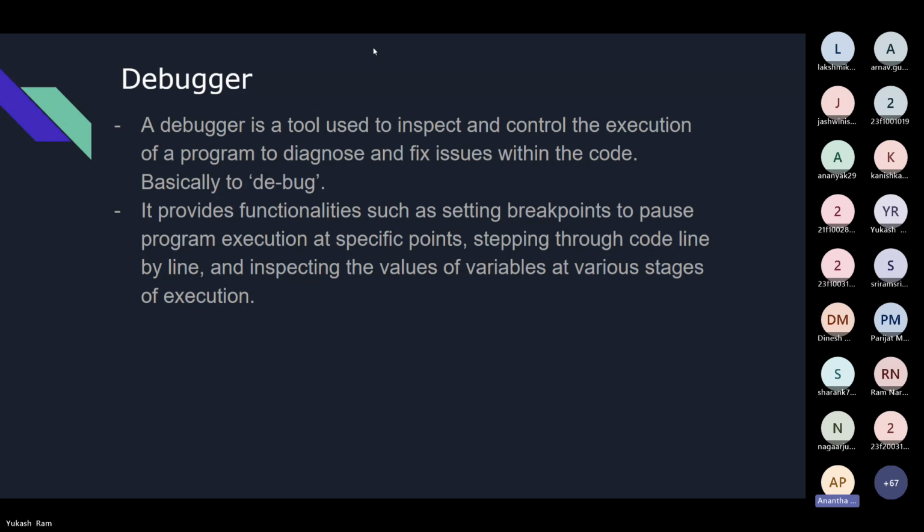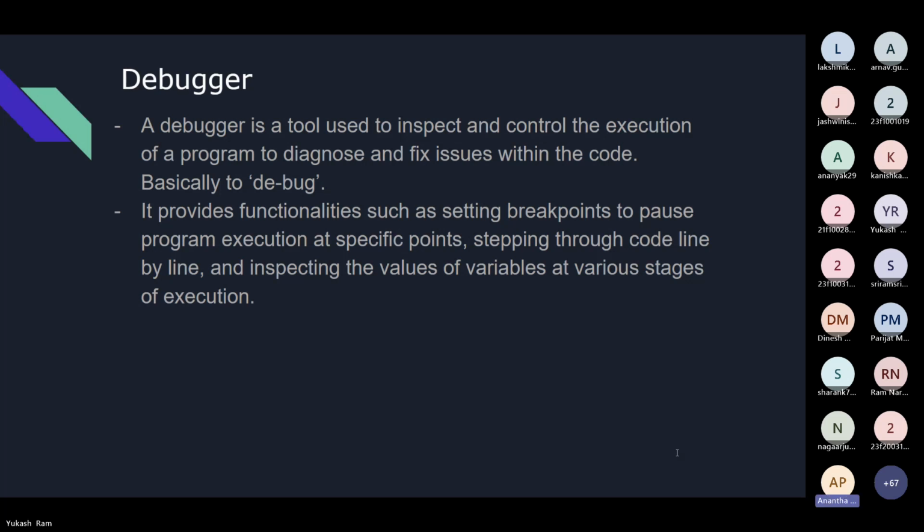As it's written, a debugger is a tool used to inspect and control execution of a program and diagnose issues. In coding IDEs, like VS Code, in which you write code, you will get debuggers for different programming languages.